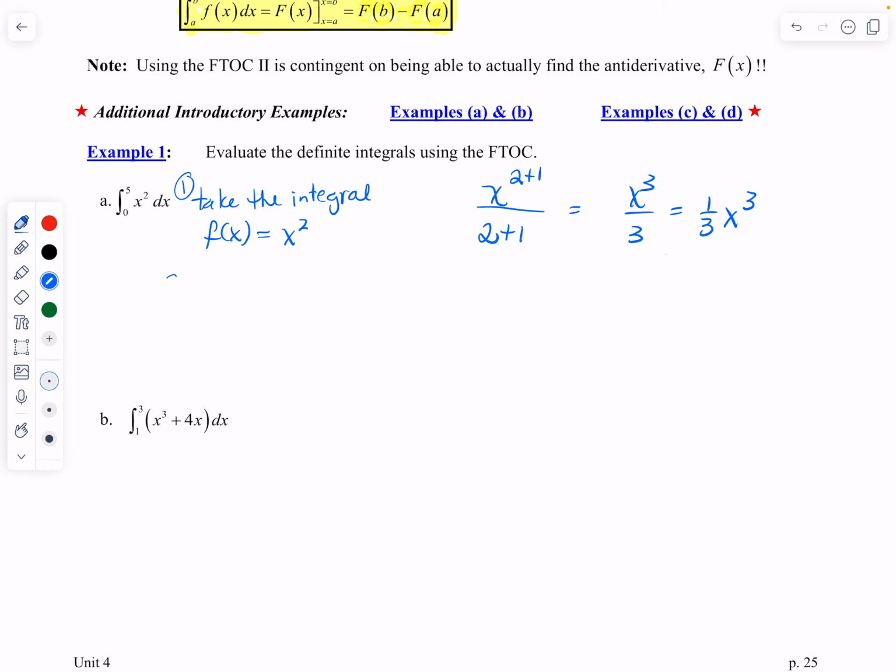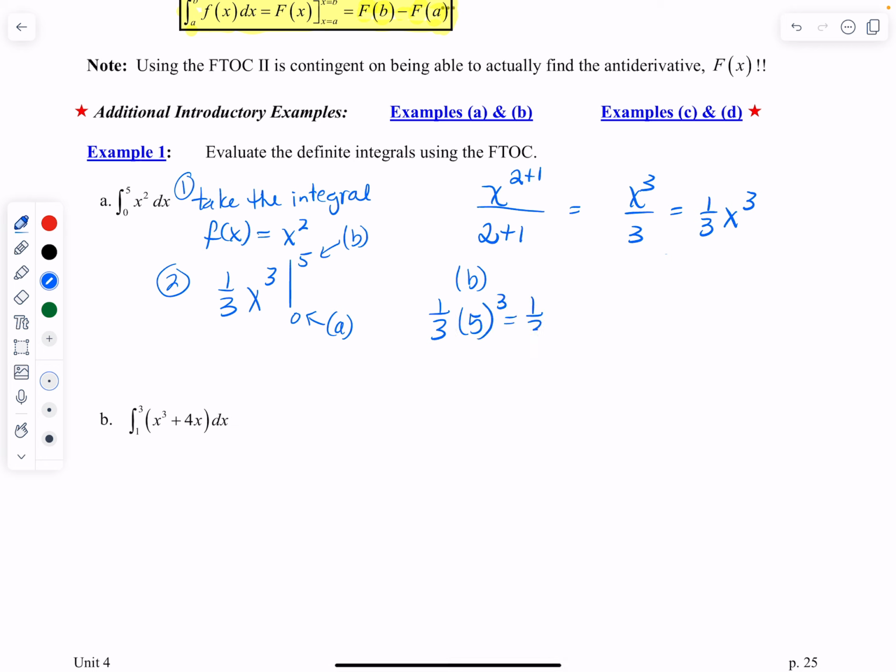Step number 2. Now we're going to evaluate the antiderivative, which is what we found, 1/3 x cubed, at the upper and lower limits. So remember, the upper limit is b and the lower limit is a. So I'm going to look at b first. I'm going to plug in what b equals, which is 5, into the formula.